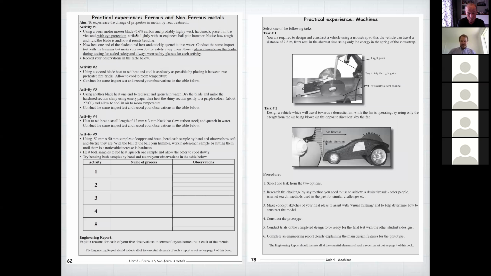Then I'd get a big part of the mower blade that actually fractured on the floor, and then I'd shine it up, I'd temper it, allow the temper colors to come up, the brown temper color to show that it's fairly low heat, and then put it in the vise and it would be tough again. So they're the sorts of demonstrations that really cement ideas and knowledge in kids' minds.